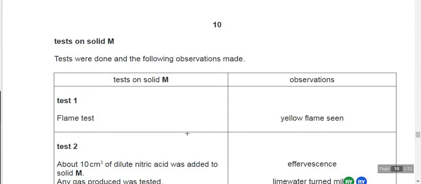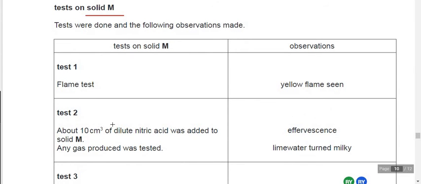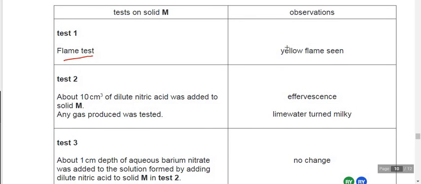Now moving to the unknown solid, that is solid M. Now we have to identify what will be the name of this solid. So flame test on solid M. Then they have given here a yellow color flame. It means that it is sodium.